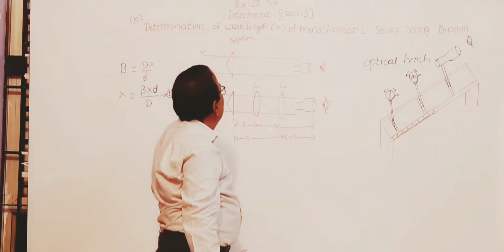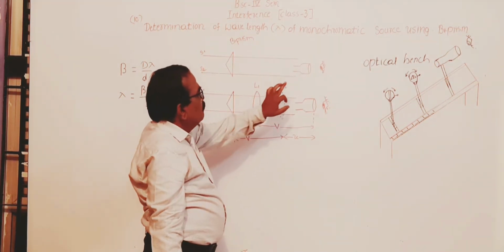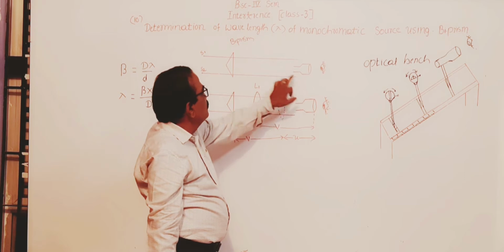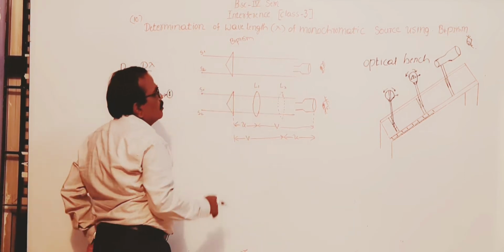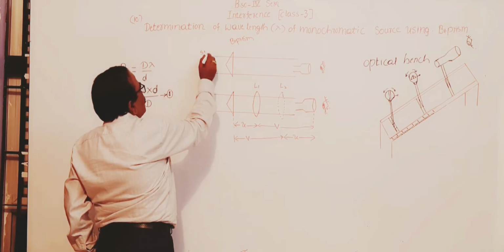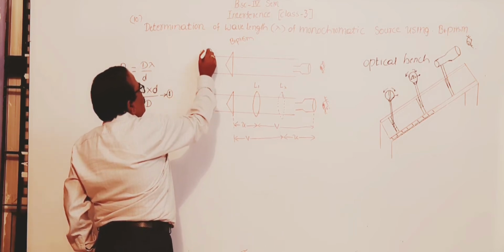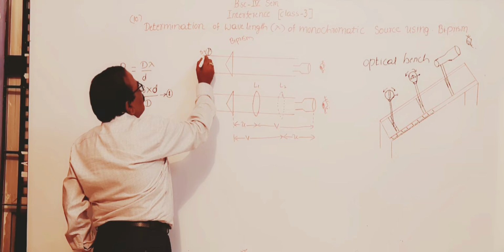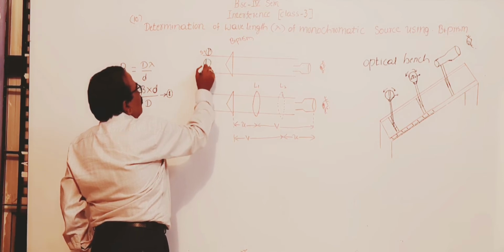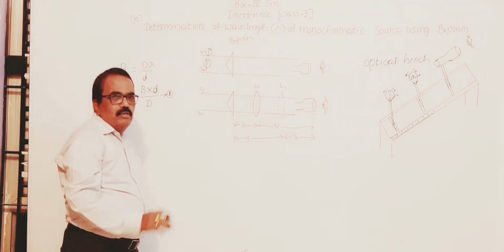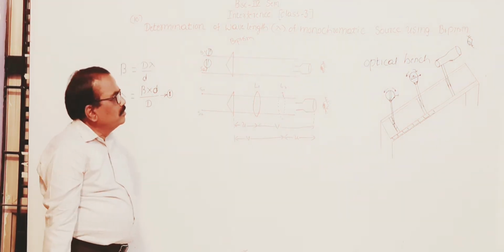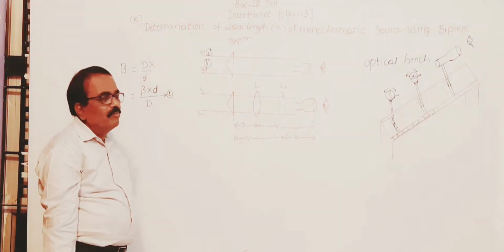So here there is an eyepiece, biprism, and adjustable slit. This is about the experimental arrangement.